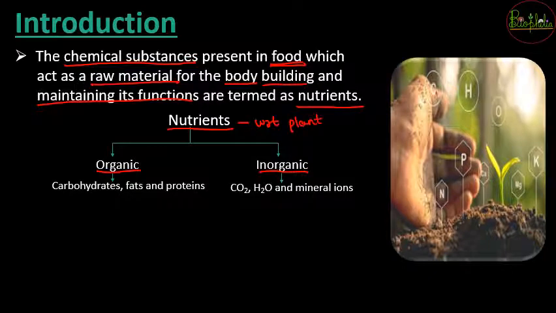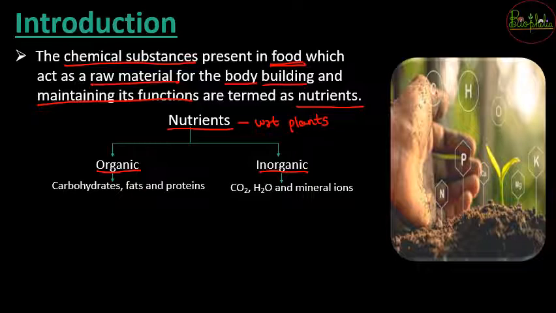So these plants need nutrients for their survival and maintaining their body structure and functions. So these nutrients are not with respect to human food but to the plants that they have organic and inorganic nutrients.